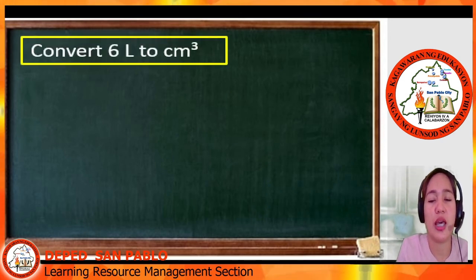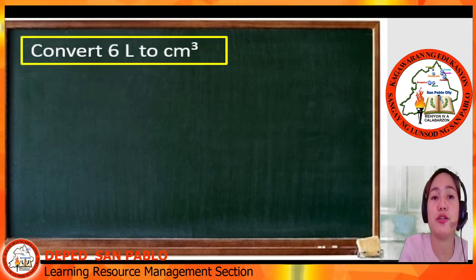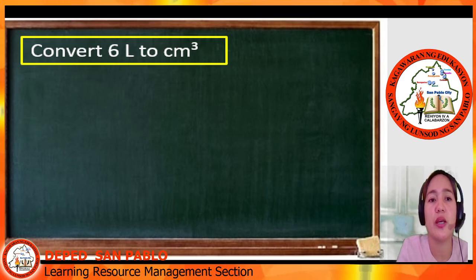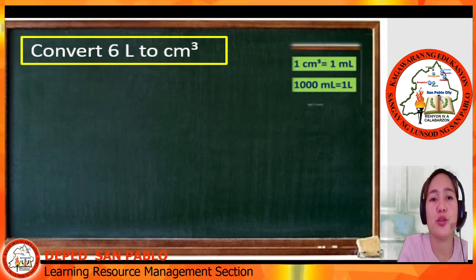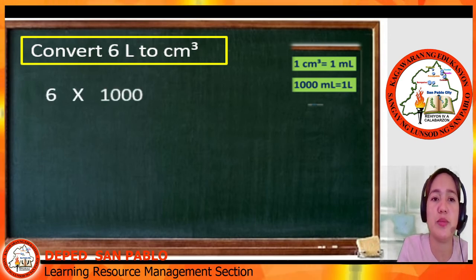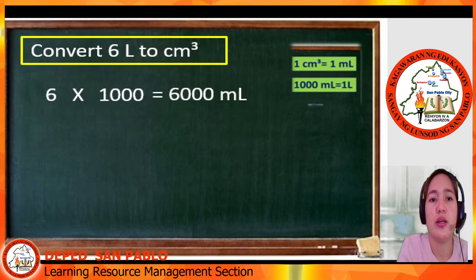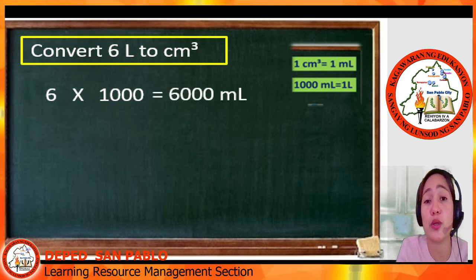Next, on the other way around, we can convert liters to cubic centimeters. So 6 liters to cubic centimeters. We have again the conversion. Remember the conversion: 6 times 1,000 is 6,000 milliliters, because for every 1,000 milliliters, you have 1 liter.